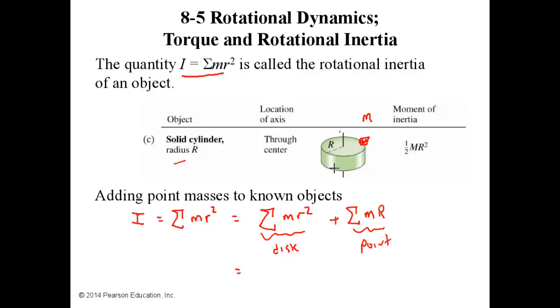I can go ahead and look this one up in my table: 1/2 mass r squared. Add to that my single point mass at a radius r. Now I have my rotational inertia for something slightly more complicated than the cylinder, but since I understand how rotational inertia is defined, I'm able to add point masses.